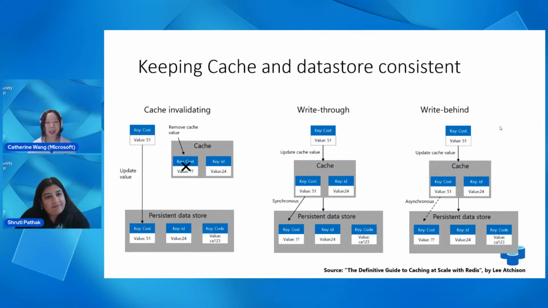So I recently heard a lot of customers asking about how to keep cache and the backend data store consistent. Shruti, have you heard any of these asks? Oh yeah, we get to hear about this all the time. Especially if you're using a cache with your database to accelerate your database, then the biggest concern is how do I keep my cache and my database in sync, and how do I make sure that my clients or my users always get the refreshed data or the fresh set of data.